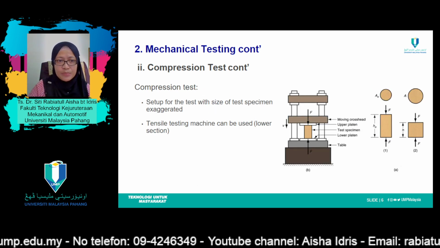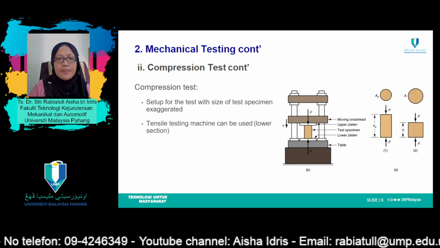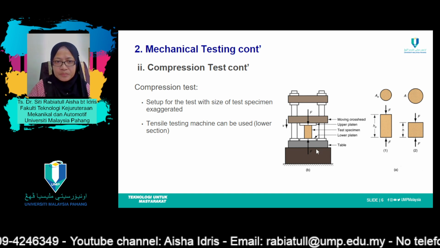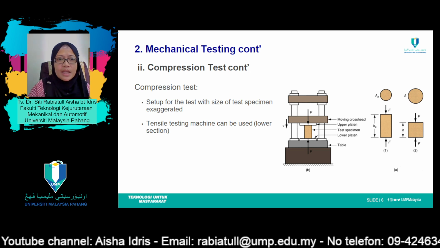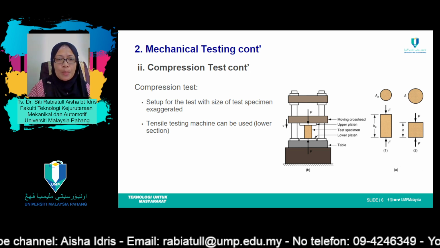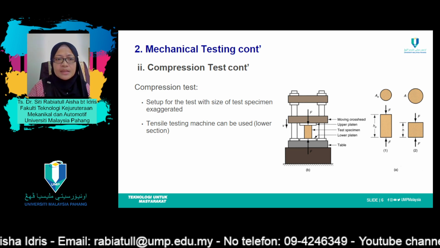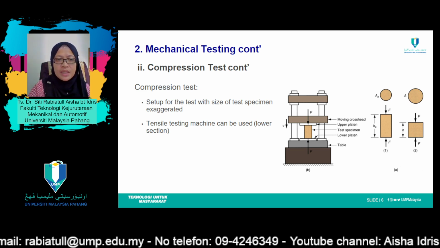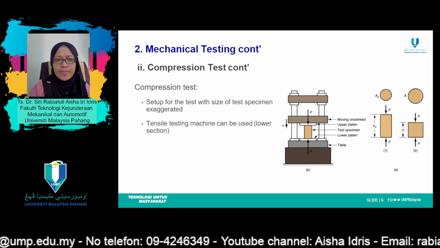How is the compression test conducted? Well, basically the test sample is generally placed between two plates over here that distribute the applied load across the entire surface area of two opposing faces of the test sample, and then the plates are pushed together by a universal test machine, causing the sample to flatten.